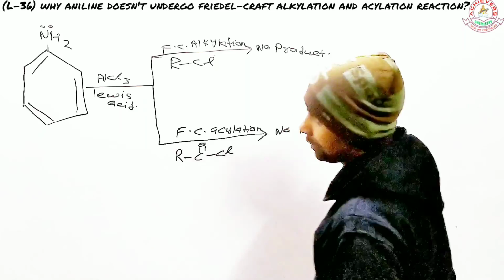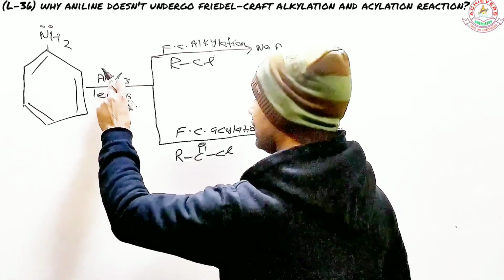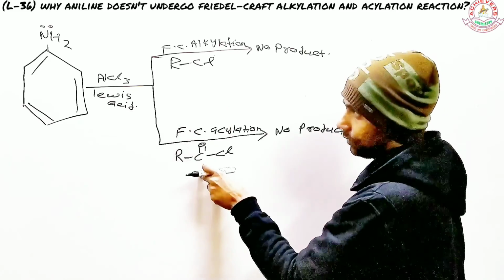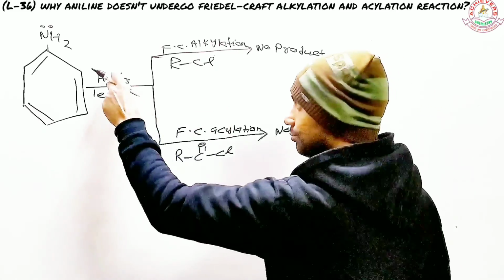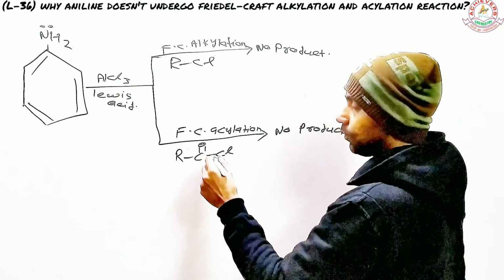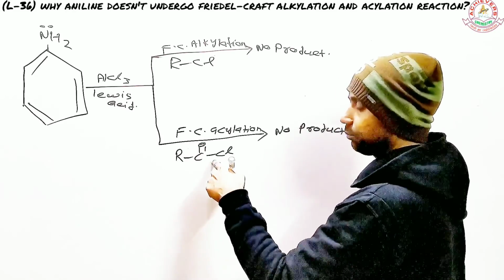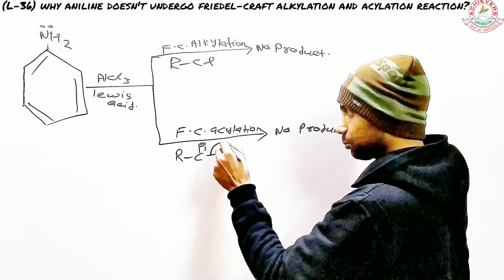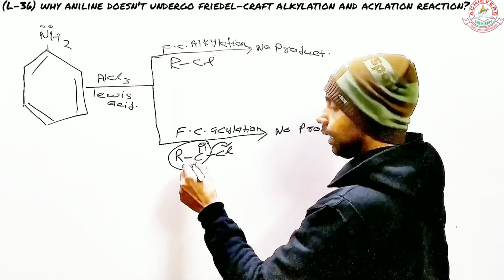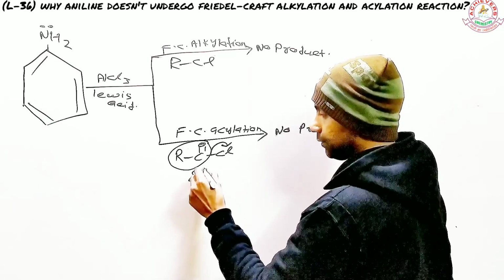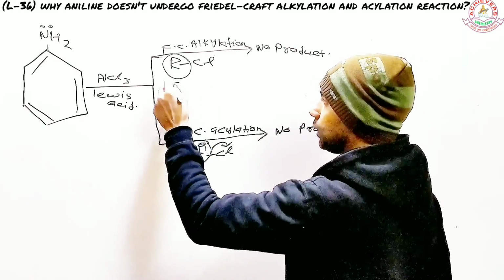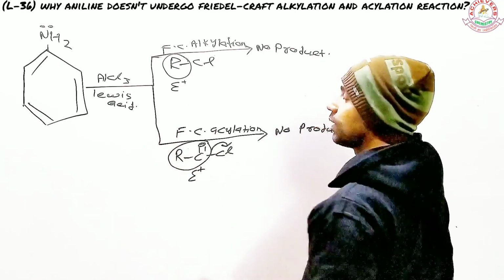So let me repeat: this AlCl3 is responsible for initiating both of these reactions. It causes the formation of an electrophile. This bond breaks and you have an electrophile. Similarly, when this bond breaks, you have another electrophile.